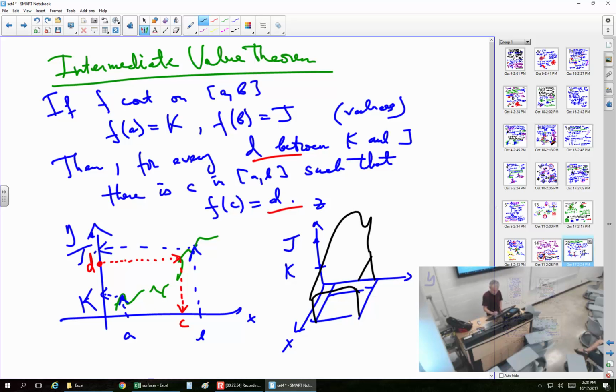Maybe like this. Okay, so that's the graph, z equals f of x, y. Then we're trying to start the same way. We take two values. Unfortunately, there are no endpoints of our interval. So even if I chose, just for simplicity, let's suppose the domain of our function is a rectangle, there are no endpoints.